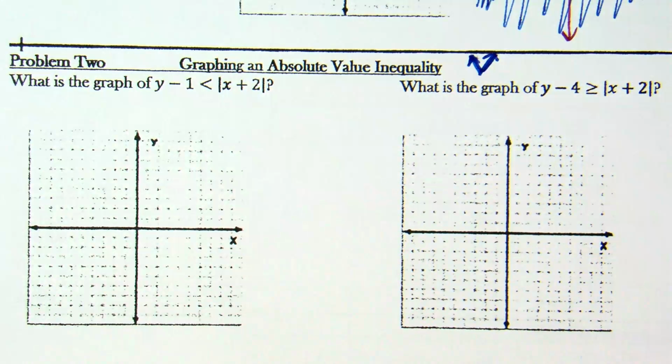Add the 1 over. So now, if I add the 1 over, it's y less than, you realize that 1 is not going in the absolute value. Y less than the absolute value of x plus 2, and then the plus 1 is outside.